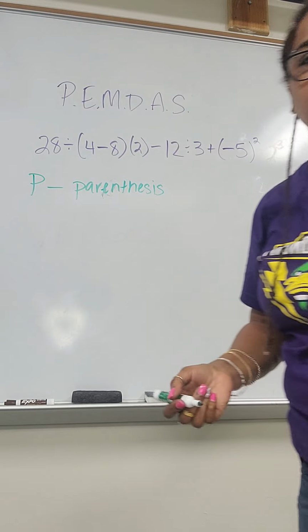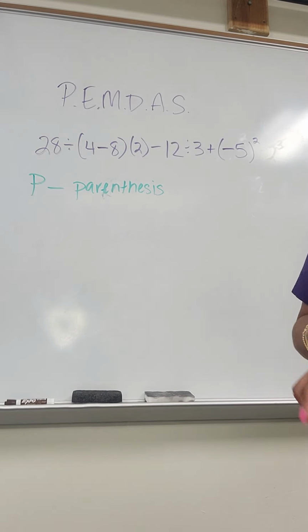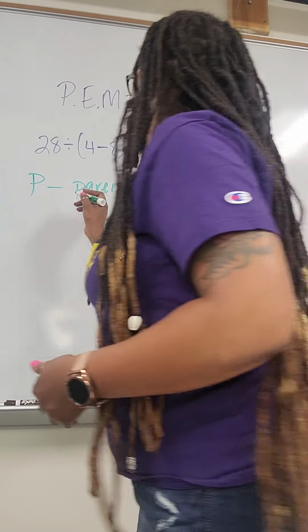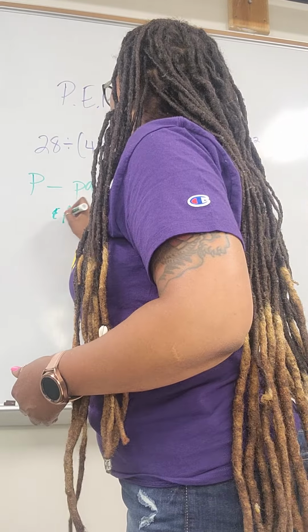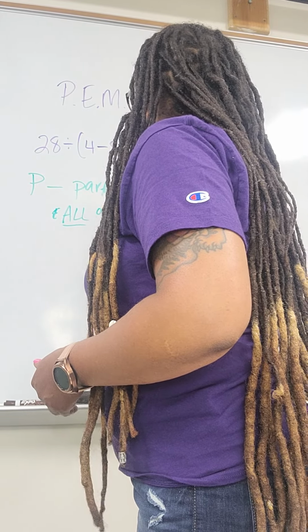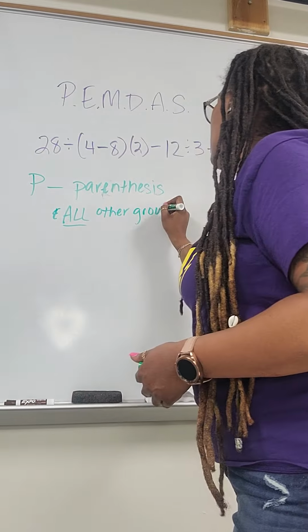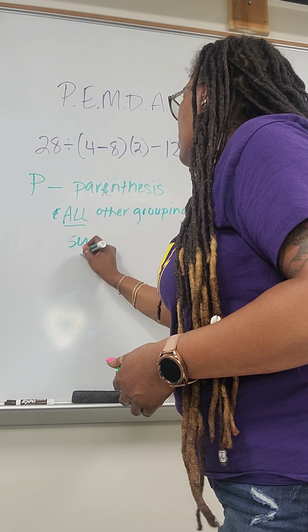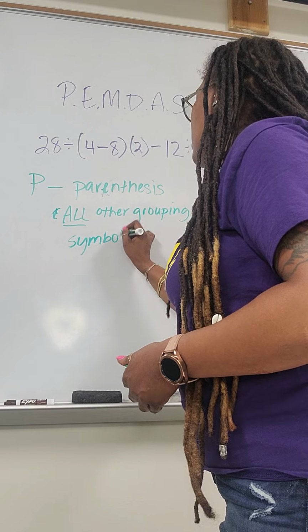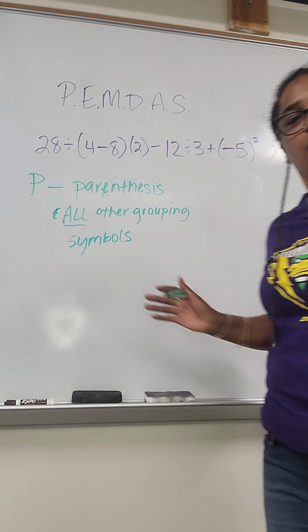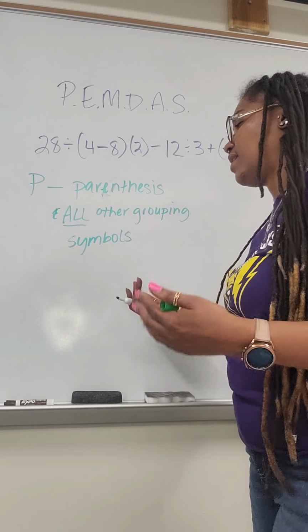So when we say P represents parentheses, that's parentheses and all other grouping symbols. So grouping symbols are, obviously, things that will show you that these values are together.